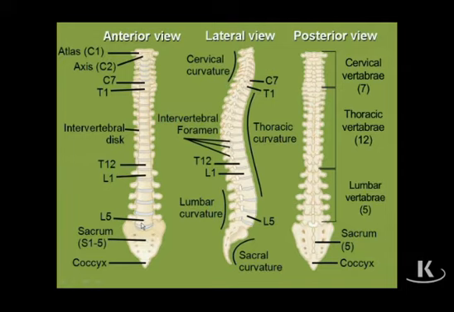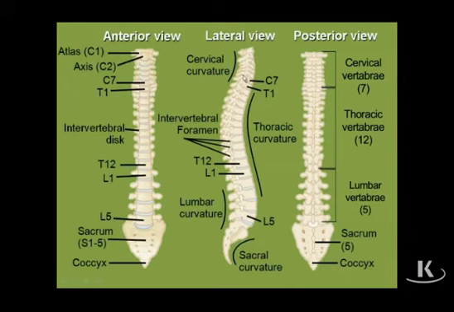Now, when we turn our attention to the posterior part of the vertebral column, the part made up of the vertebral arches, the function of that part of the column is quite different. That's designed to protect the spinal cord and related nerves. So within the vertebral arch, there's a canal called the vertebral canal that runs down the length of the vertebral column. And inside that vertebral canal, surrounded by the bony vertebral arch, is the spinal cord and surrounding meninges.